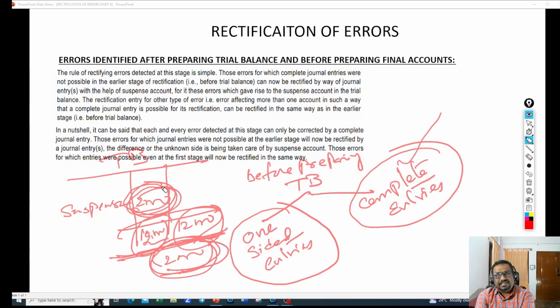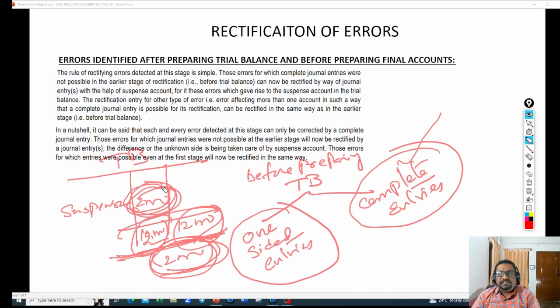That is the beauty of this stage. Whether the error has impact on one side, on a single account, or on multiple accounts, you will end up preparing complete rectification entries.